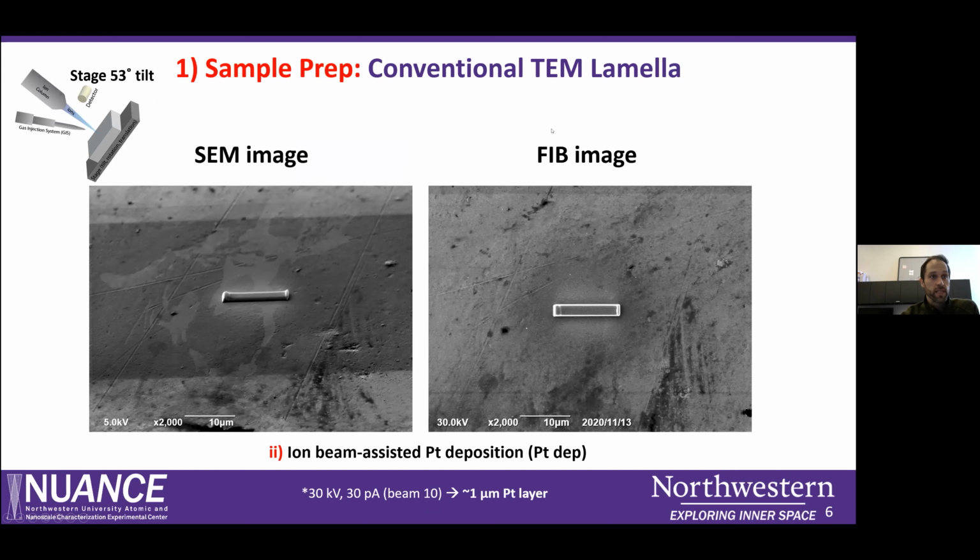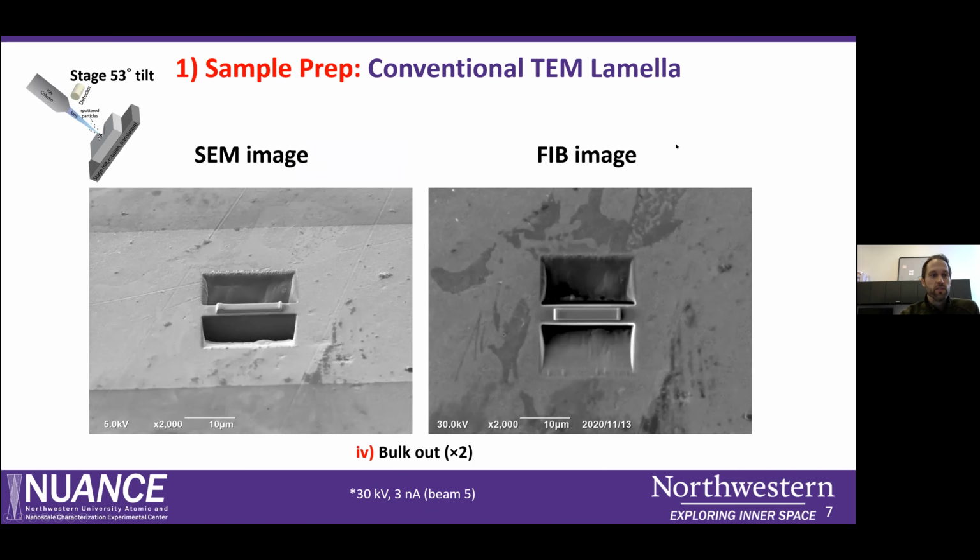Here you can see the FIB image view, and here is the SEM image view. Now, a next step would be to mill trenches, so typically using higher energy ions. In this case, we have gallium ions that selectively remove material near our sample of interest.